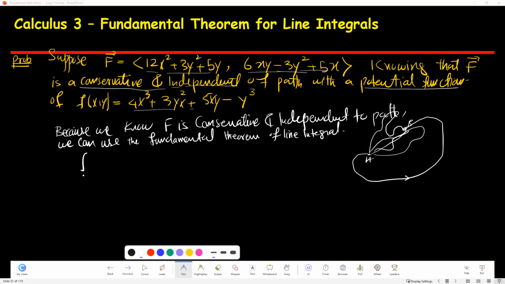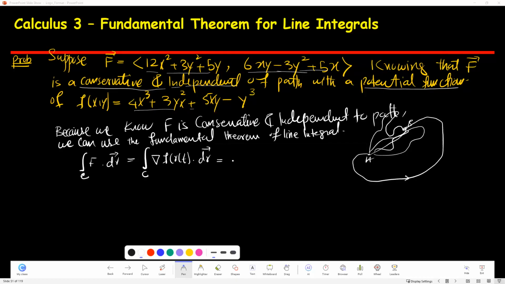Real quick, sometimes the C is written right underneath the integral, sometimes a little bit to the side, and sometimes they write a bigger C. Don't be confused, it's all C. Inside, we want to solve the integral of the gradient of f dot dr. This is what we need to solve.